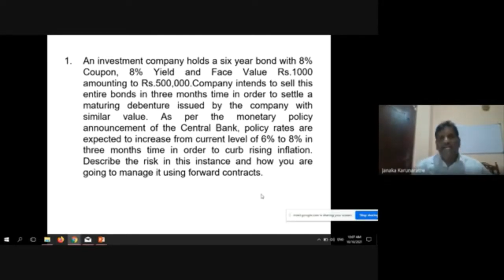As a result, the value of bonds will fall below 500,000, and you will not have sufficient funds to settle your debenture. Now, how do you manage it using forward contracts?